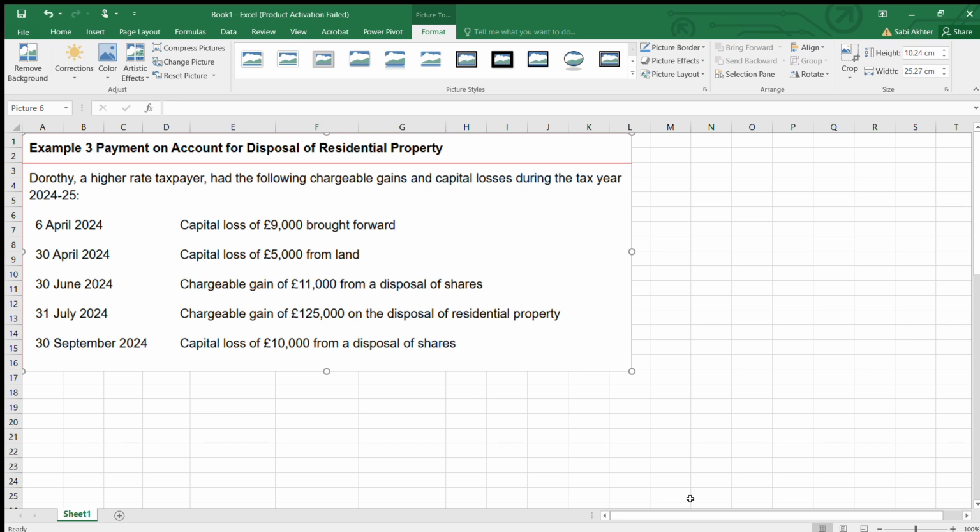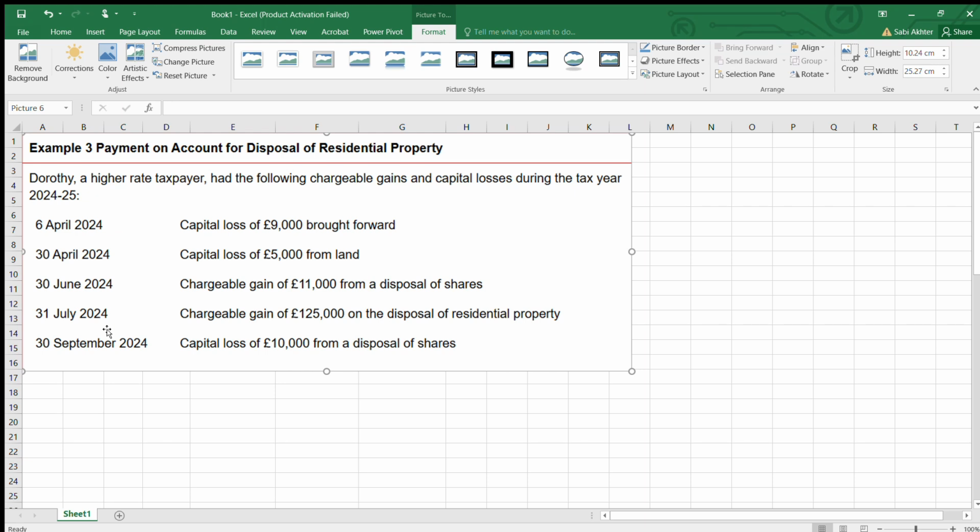Now, the payment on account of CGT will be due by when? When did you make the disposal of the residential property? 31st July 2024. So 60 days from that day. From 31st July we are taking August, September.